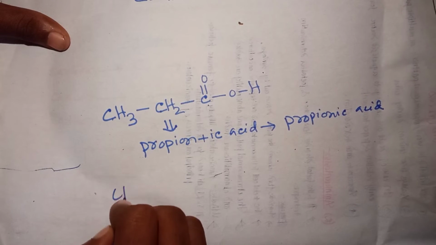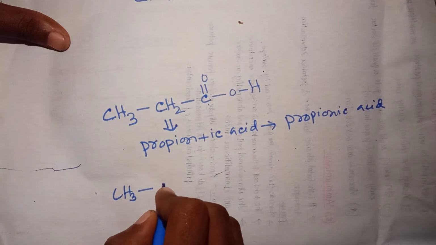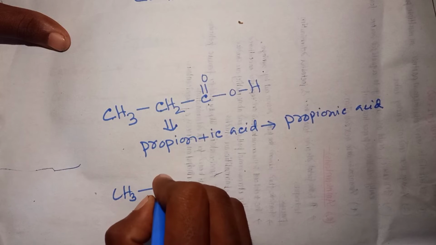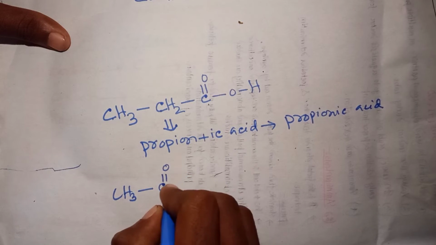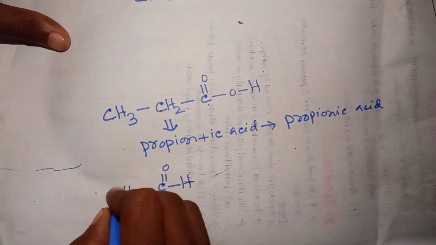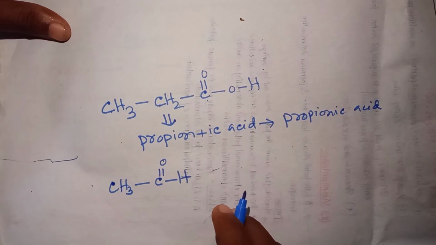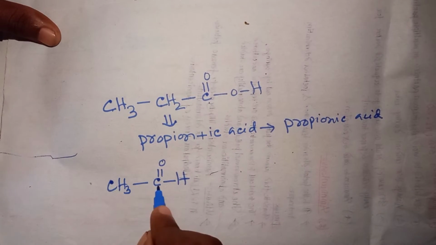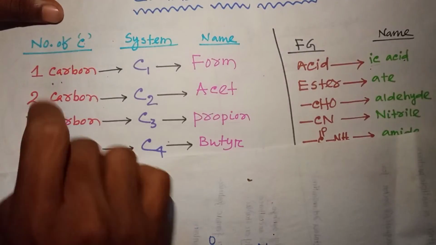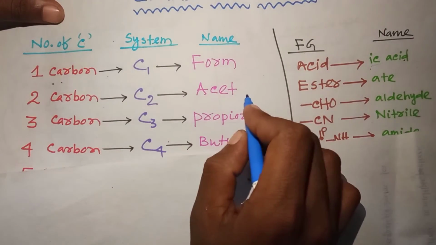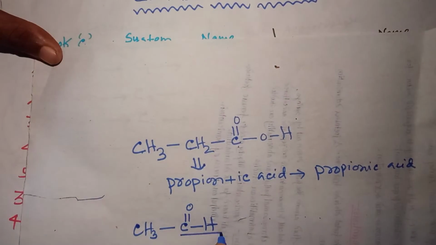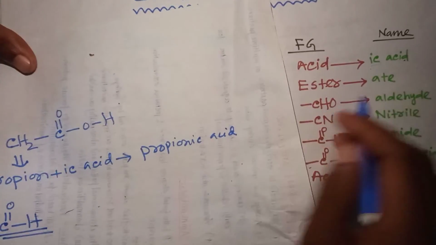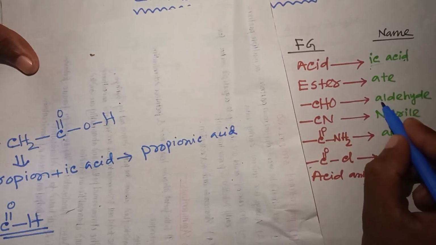Let's see another example, CH3CHO. Similarly, check the number of carbon atoms in this compound. The total number of carbon atoms is 2, and for a 2 carbon system we use the word acet. Since it is an aldehyde group, for the aldehyde group we use the word aldehyde.